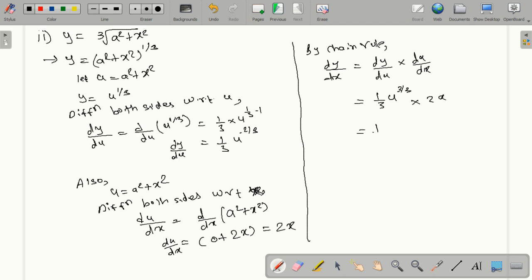So this can be written as 1 over 3 into a square plus x square raised to minus 2 by 3 into 2x, and this can be rewritten as 2 by 3 into x into a square plus x square raised to minus 2 by 3. So this is your final answer, right? This is very easy. This is your final derivative of y with respect to x.